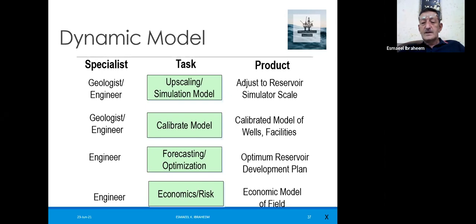You have to check and see which one is the best and the most economical, which is done by the engineer by checking the economics and the risk analysis of the model, and finding the economic part of these suggestions.